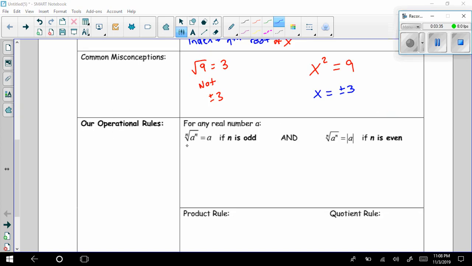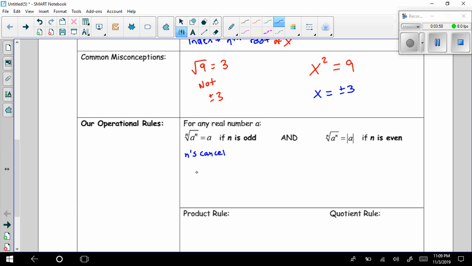Another thing you want to look for is your signs. So for example, if n is an odd index, so 3, 5, 7, and you're taking the nth root of that number, then the n's will cancel because they're inverse operations.